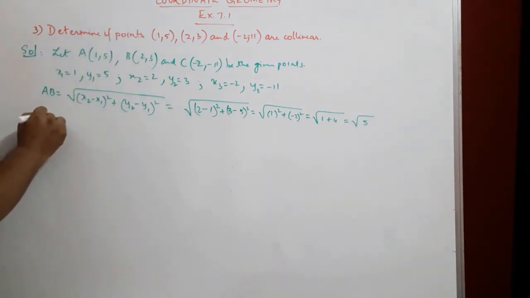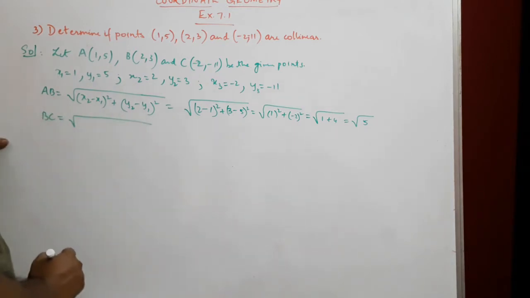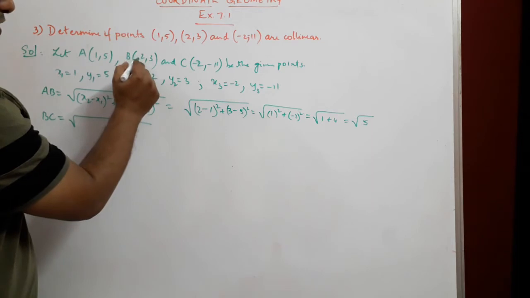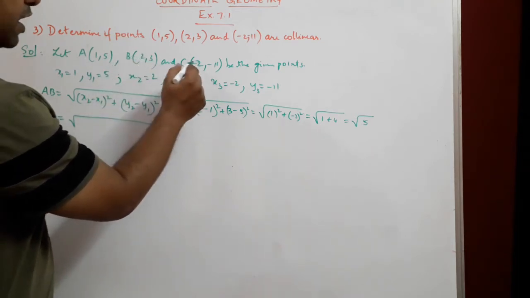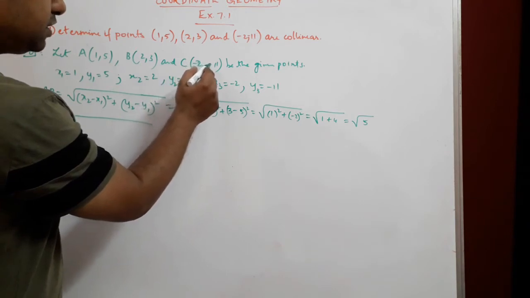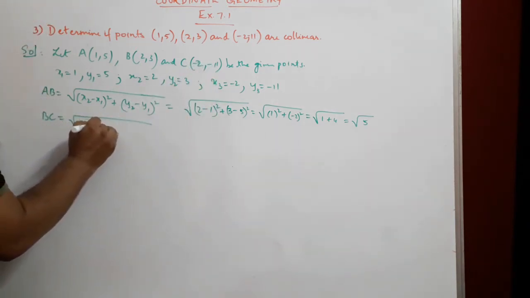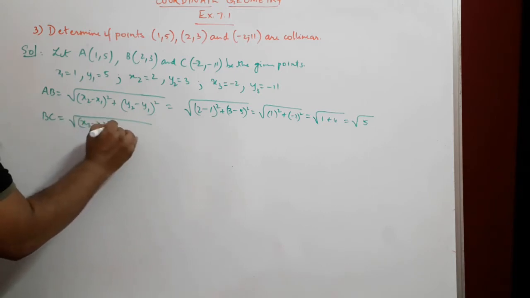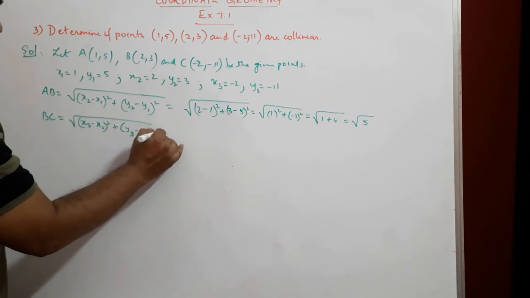Now let us find BC. To find BC, the formula changes slightly because the coordinates of B is x2, y2 but the coordinates of C is x3, y3. So accordingly the formula changes to x3 minus x2 whole square plus y3 minus y2 whole square.